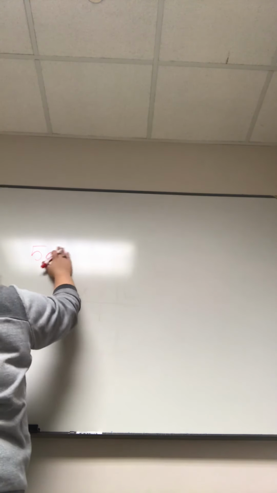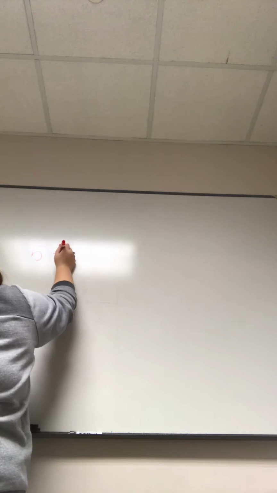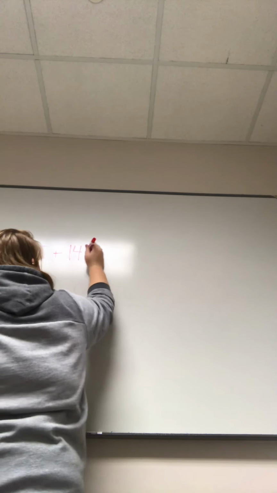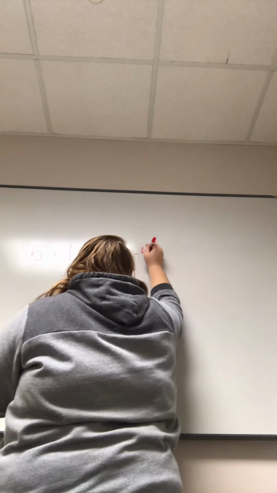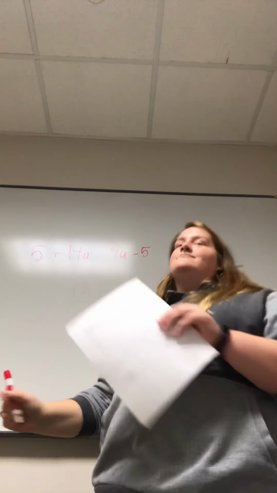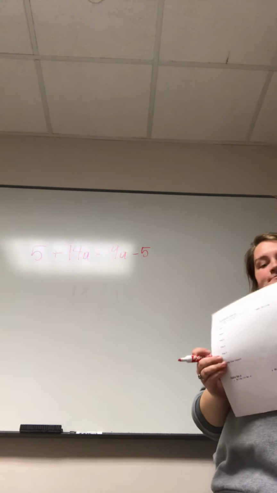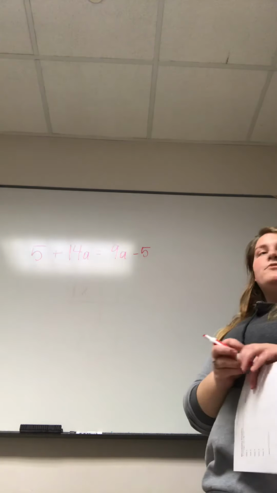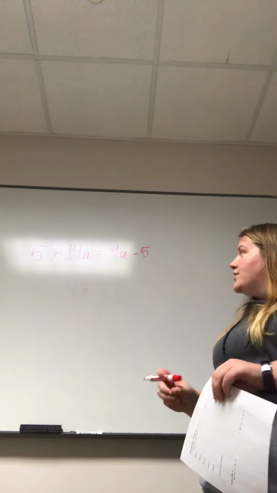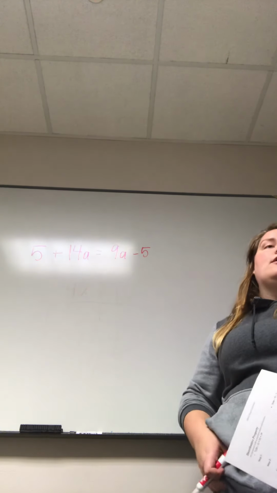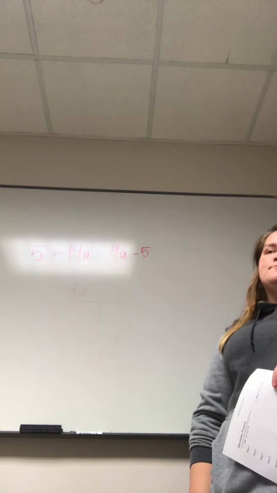Can anyone tell me what the first step in this equation I'm writing on the board may be? Get all the A's on one side. Why would we do that? Because you're trying to solve for A. Okay, so what side do we want to have A on, usually? To the left.